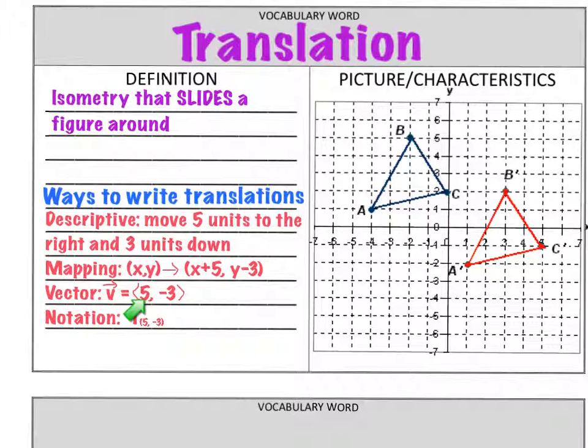So the first number always represents your movement right and left, and the second number is always up or down. The other is just translation notation, which is where you use a capital T and then a little tiny ordered pair, 5, -3. So 5 units to the right, 3 units down. Okay, we'll practice those in a little while.